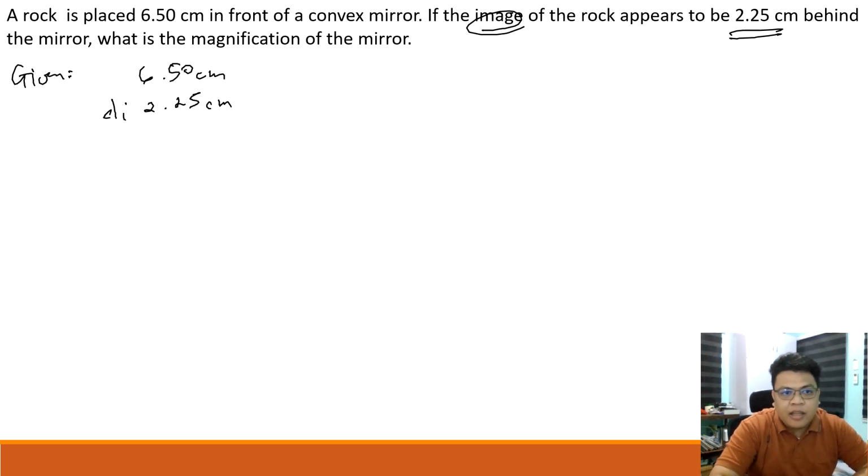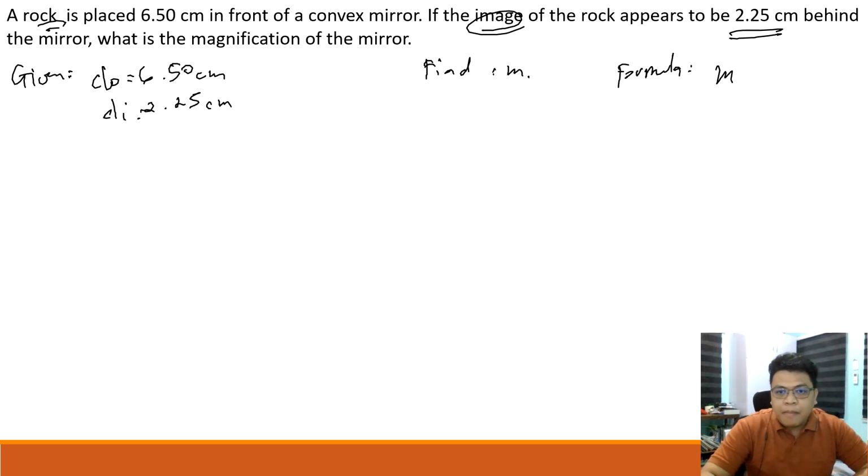Then the 6.50 is the DO because we are pertaining to the rock itself. The thing that we need to find is the magnification, the small m. And the formula for our problem is m is equal to negative di over do. Okay? So we have here our solution.